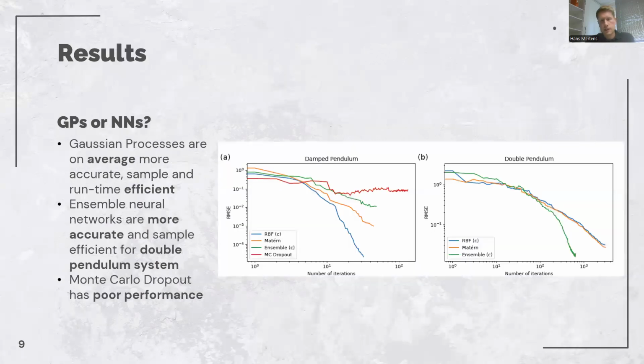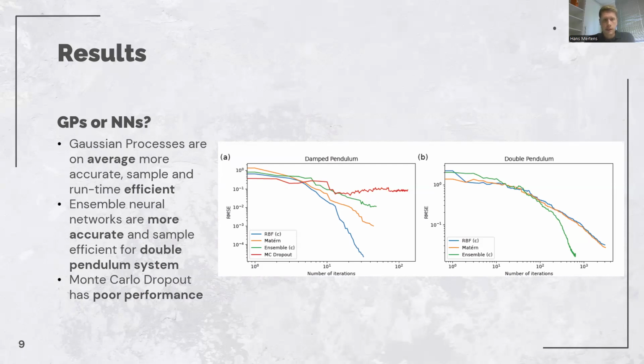And we see this here in this plot on the right side, where we have the test error plotted over the number of iterations of our active learning algorithm. And what we see is that the ensemble neural network model requires only about a third of the training data points that the Gaussian process models require, but still converges to a more accurate solution.